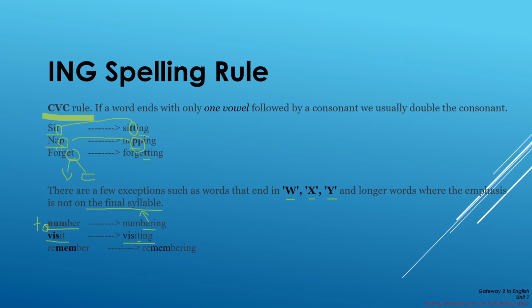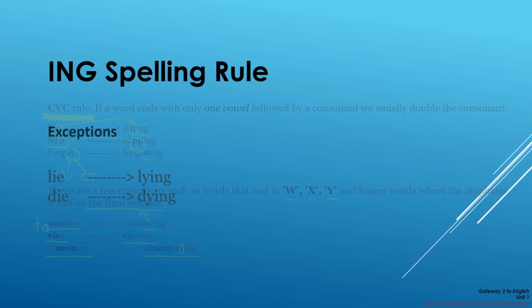Visit, the gerund is visiting, just with one letter T. The last example, to remember. I remember, to remember. The gerund is formed as the following: remembering, without doubling the final consonant.